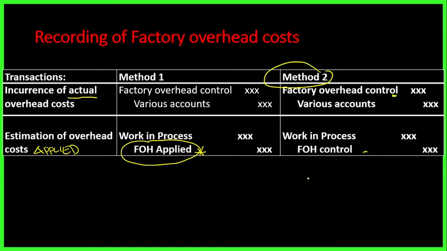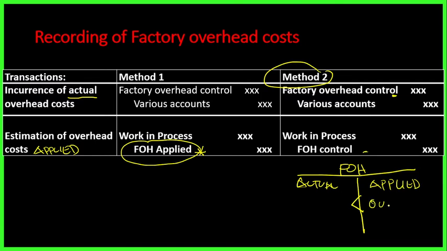So you will just have one account, factory overhead control. You have here your actual and here your applied, so that the difference will be your over or under applied. If your applied is higher than your actual, that's your over applied. If actual is higher than applied, then that is under applied. Okay?